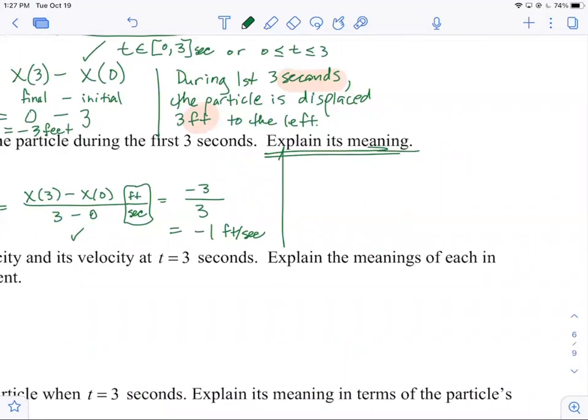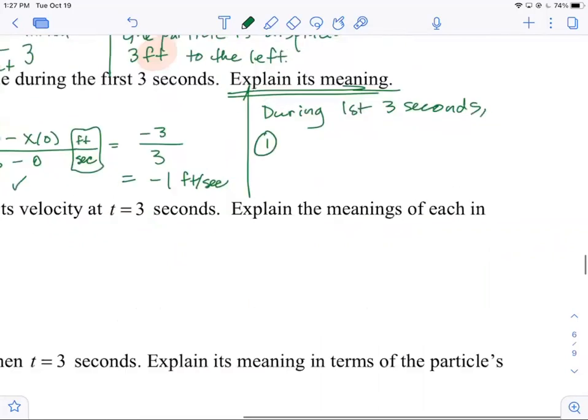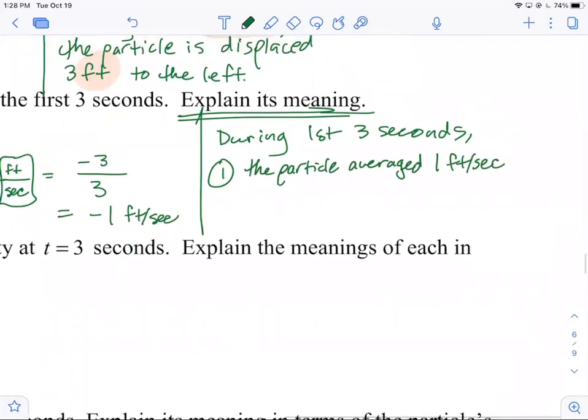The first thing we're going to do, though, is say during the first 3 seconds, comma, and then the first way to do it is in terms of the velocity. Okay, so you could say the particle averaged, and then we interpret as 1, +1 feet per second to the left.